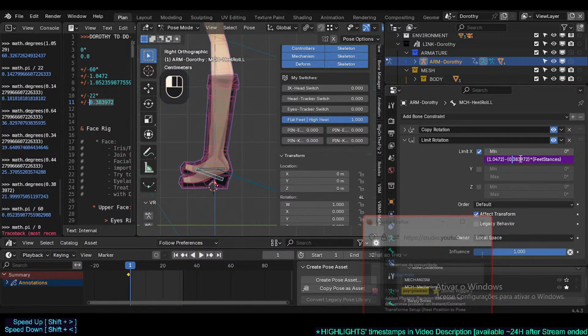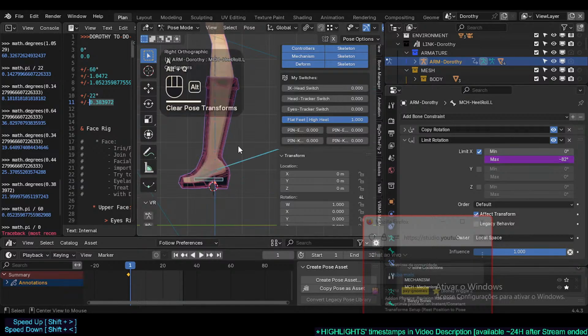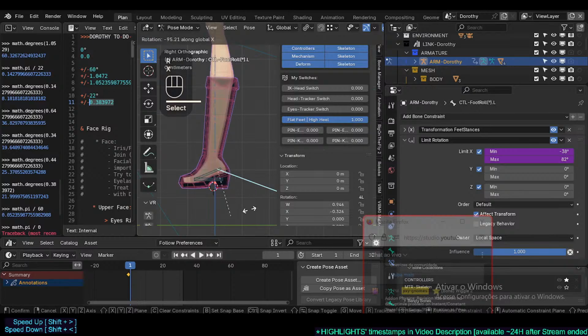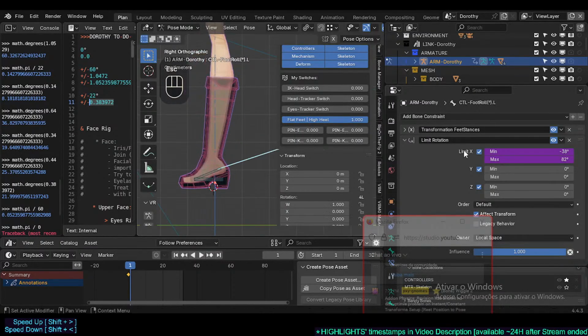So why does it need? No, this gives me no motion here.